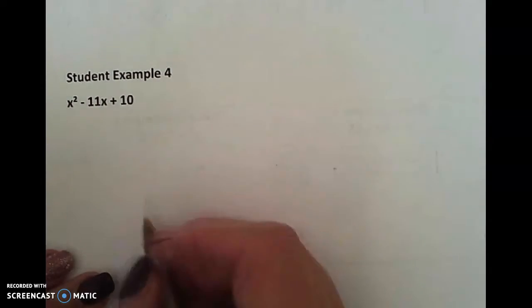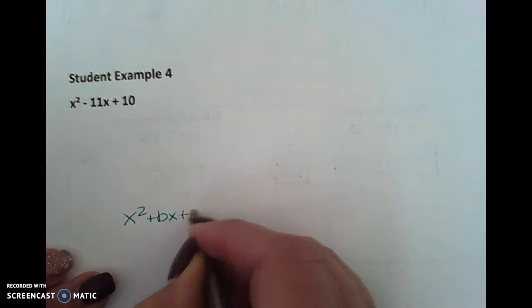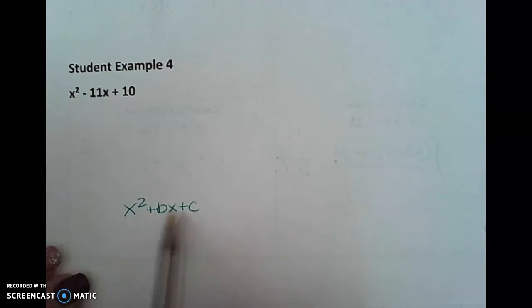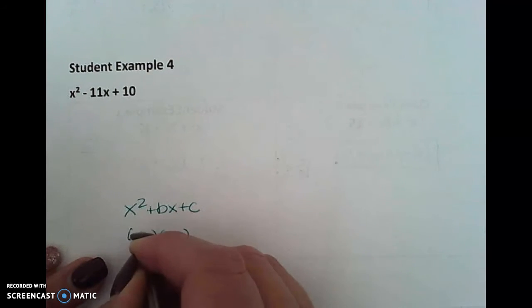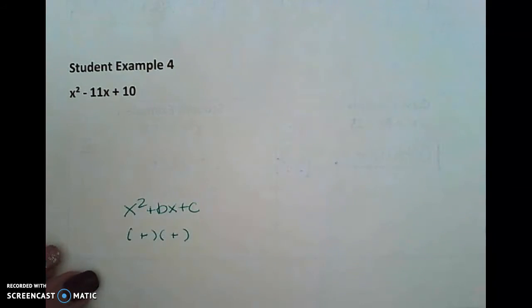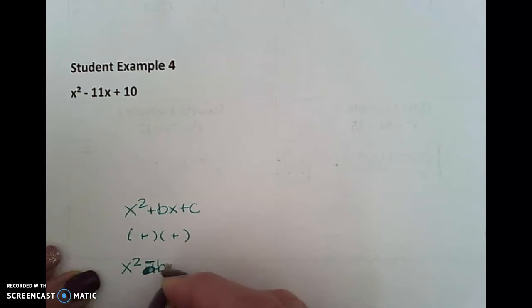So let's look at x squared plus bx plus c. When we have a trinomial with the signs that look like this, our binomials are both going to be positives. Now make this x squared minus bx plus c.